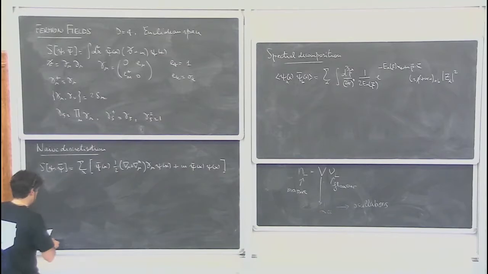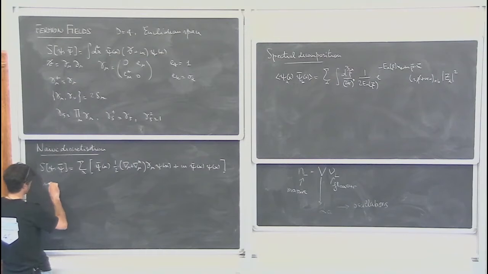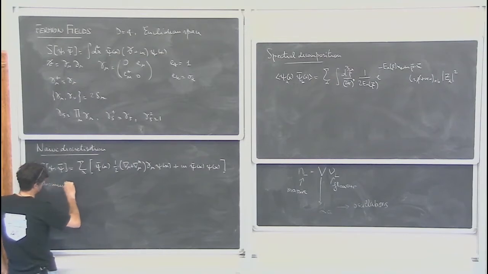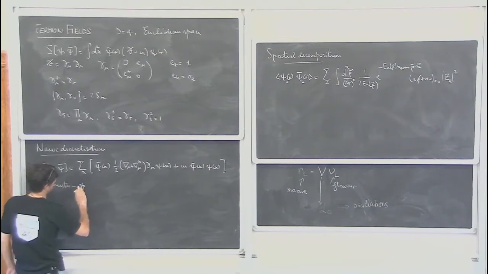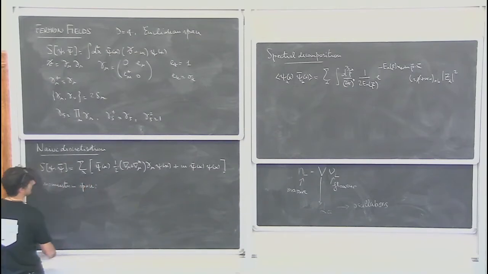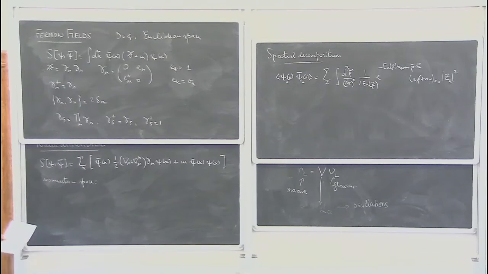Okay? So in order to compute the propagator, we go to momentum space again, and we're not going to do the detailed calculation. It's exactly the same kind of calculation that we did for the scalar case.